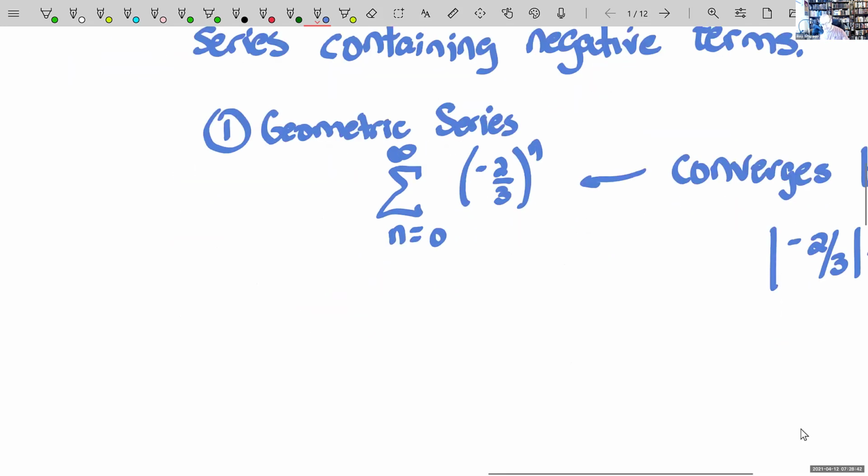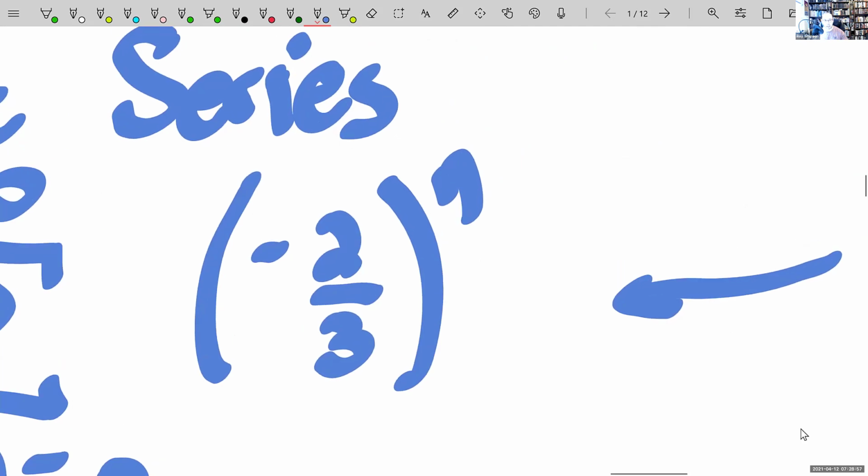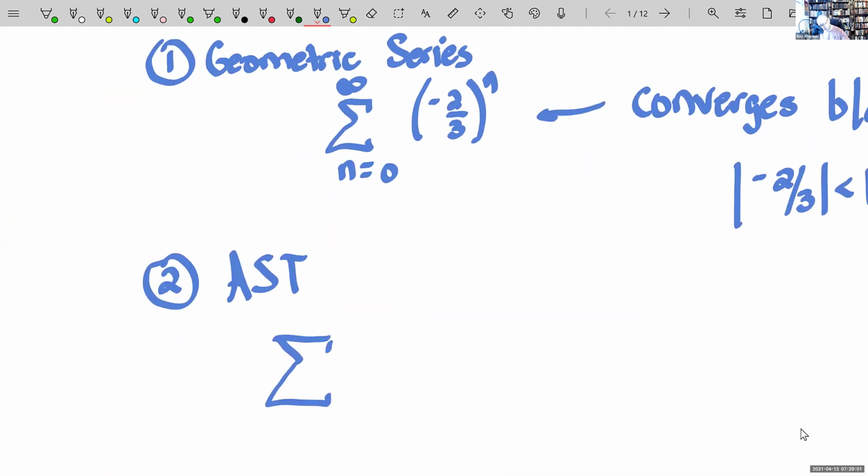The other type of test we can use for series that have negative terms is the alternating series test. An alternating series is a very special kind of series. It doesn't necessarily have to be geometric. It could be something like the summation n equals 0 to infinity of -1 to the nth over n squared plus 18.